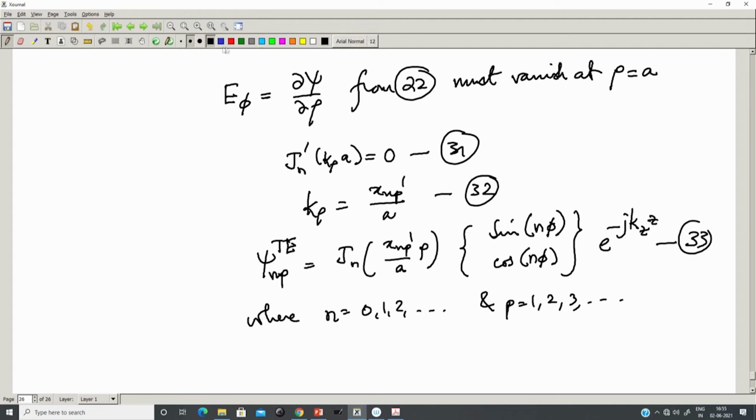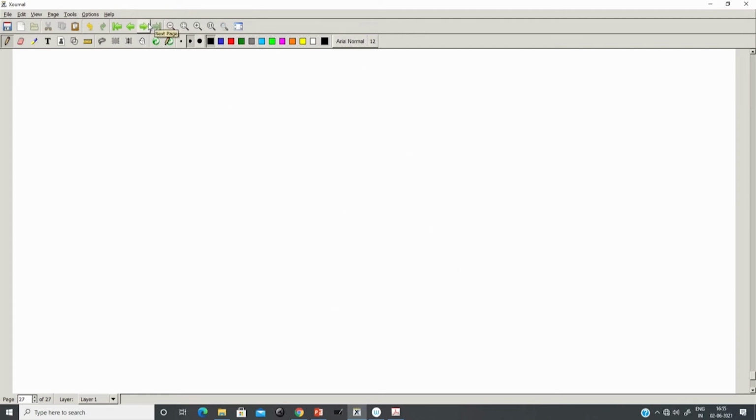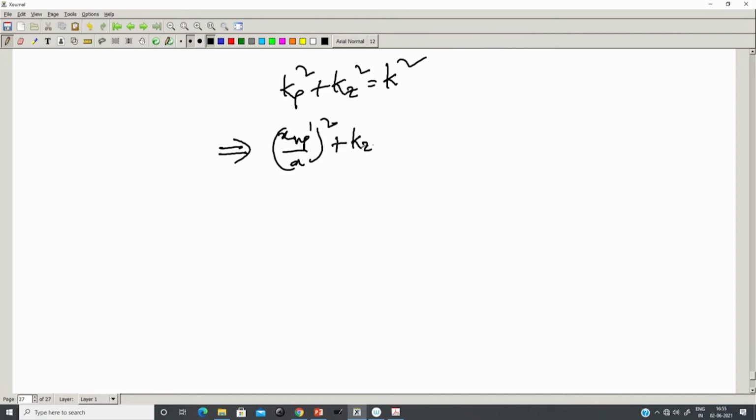And now, the mode propagation constant is again given by the same expression, which is k rho square plus k z square is k square. So, substituting for k rho we get, that is x n p prime by A whole square plus k z square is k square, which is equation number 34.